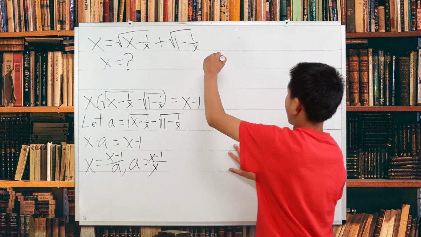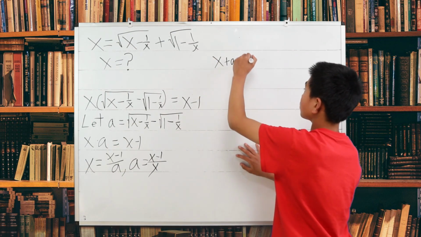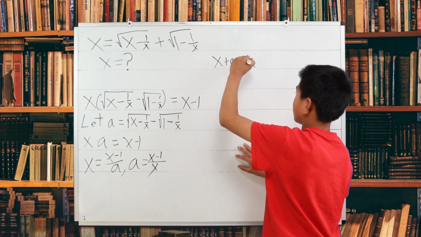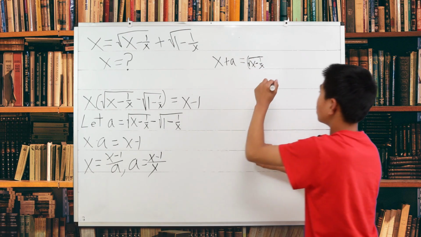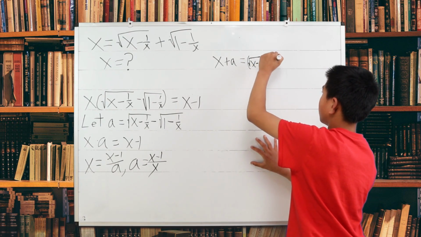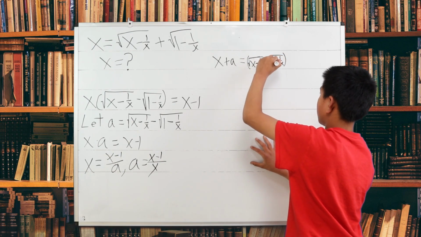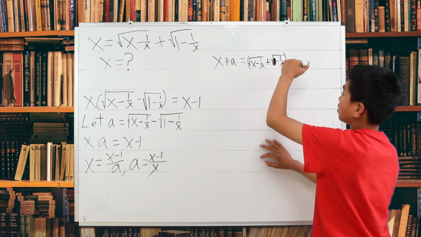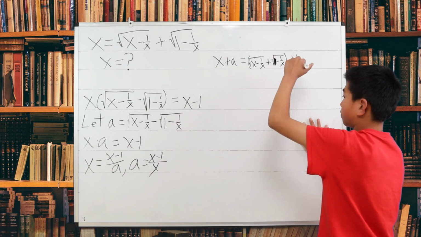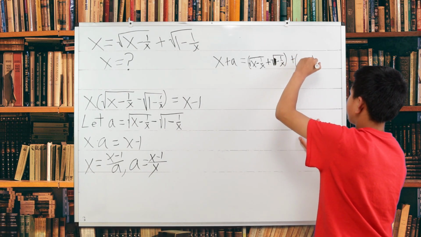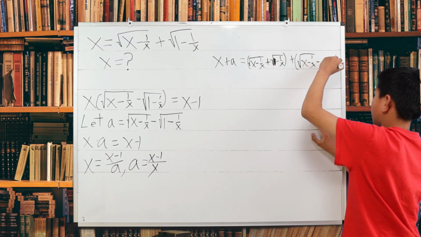So x plus a is equal to the square root of x minus 1 over x plus the square root of 1 minus 1 over x, sorry, this is going to be plus the square root of x minus 1 over x minus the square root of 1 minus 1 over x.